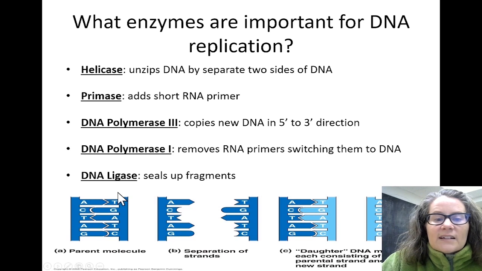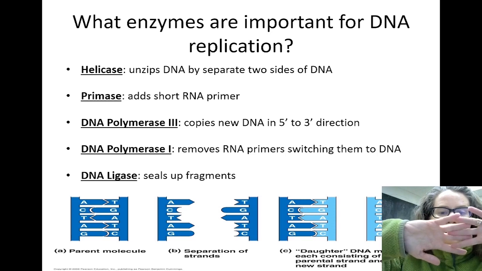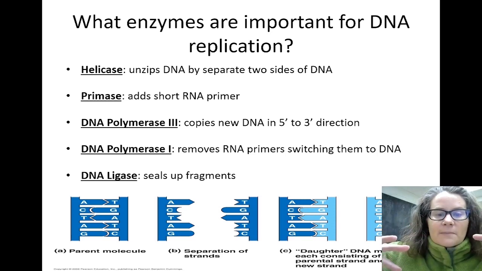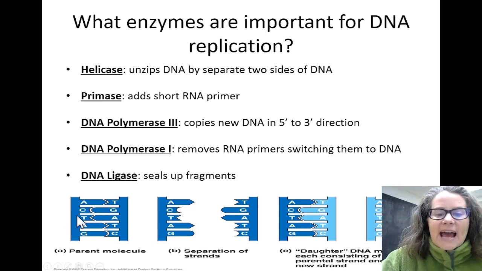So the first enzyme that I want to mention is helicase. Helicase is an enzyme that is named for the helix, and it unzips DNA, we say, or the two sides of DNA will be pulled apart by helicase. Then once the DNA strands are separated, primase can add a short primer.